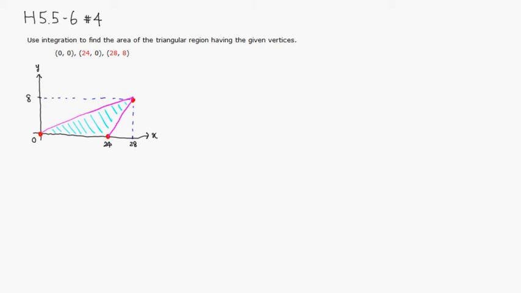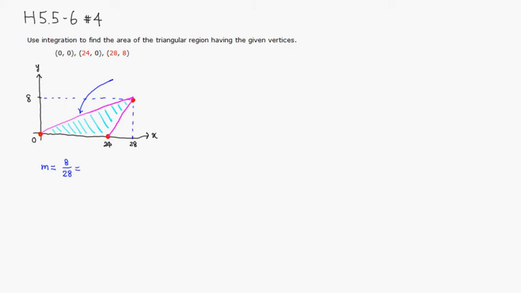Alright, so let's come up with the equation for each line. So here, this one right here, the slope m would be rise 8 over run 28.